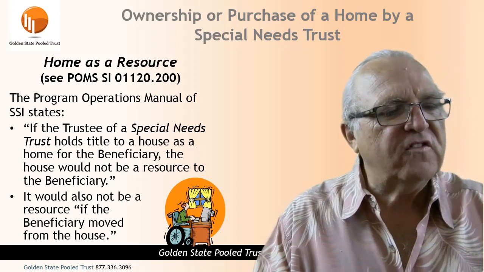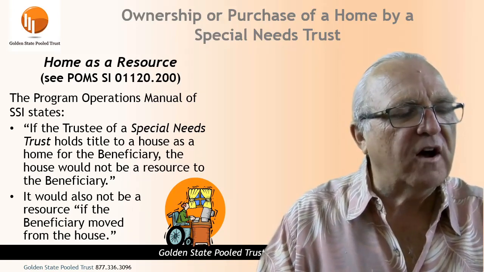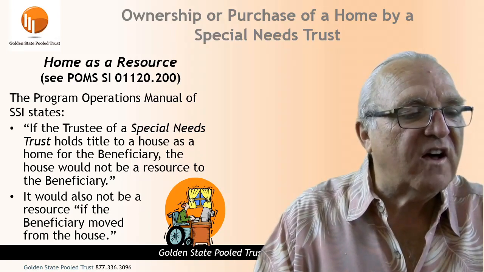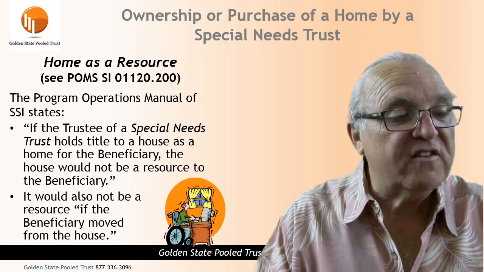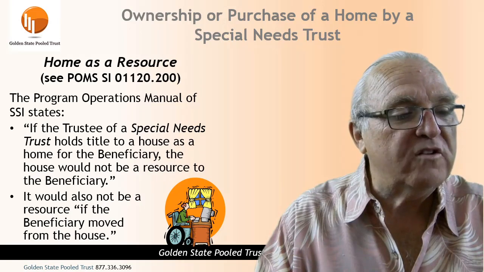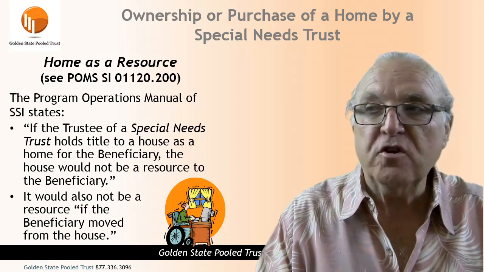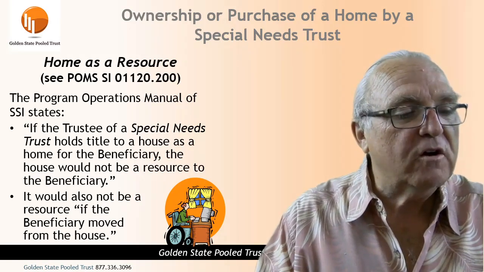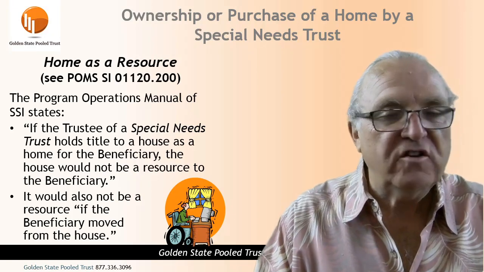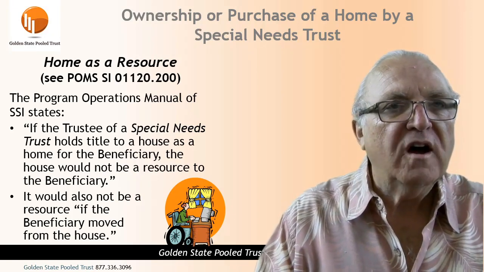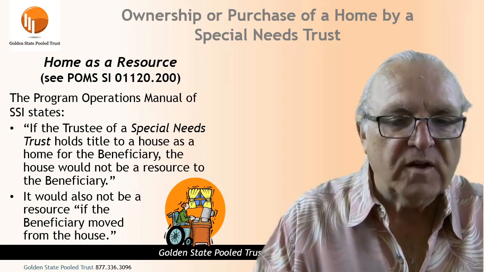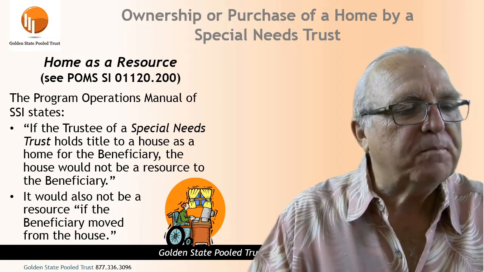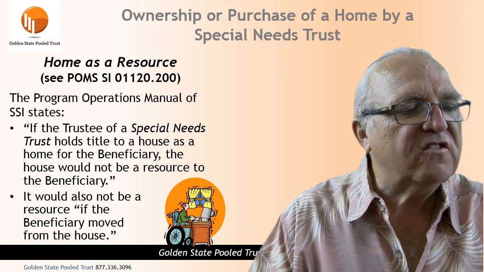Now, this example we're going to go through is based on this POMS site, SI 01120.200. So if you Google SI 01120.200, this POMS should pop up. This is something that you certainly would want to present to the Social Security Administration if you're going to use this example as to how to minimize the ISM.